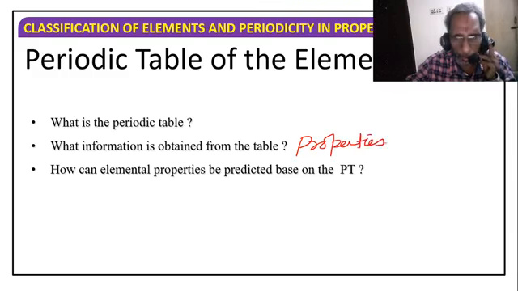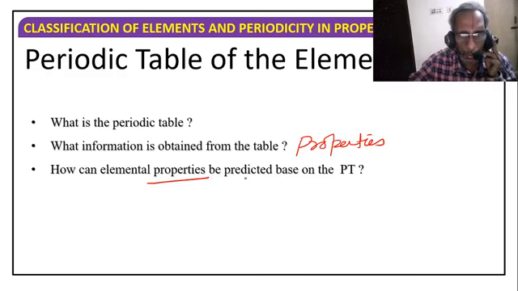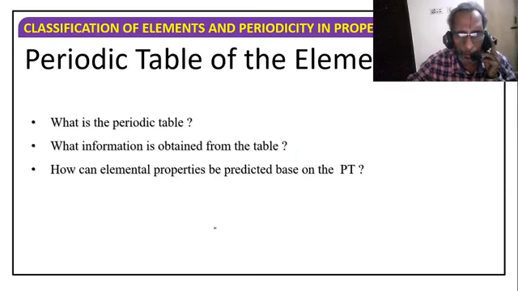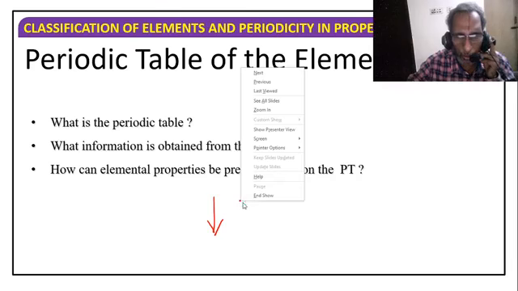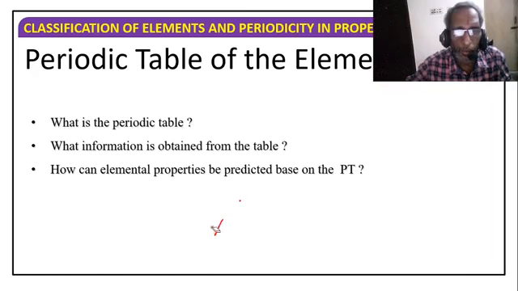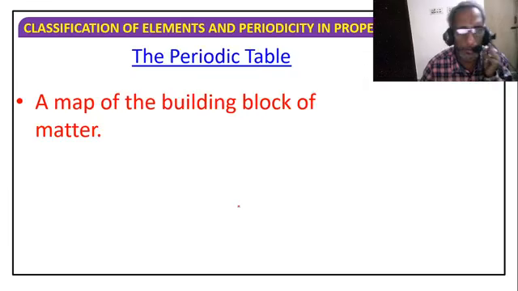How can elemental properties be predicted based on the periodic table? Because the properties show an increasing trend down a group or a decreasing trend across a period. We will see the properties, and the answer to the third question after some more points.